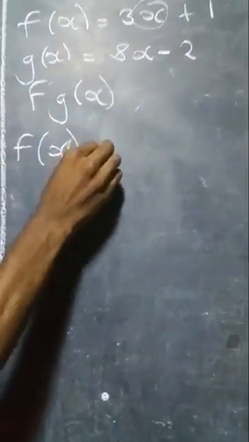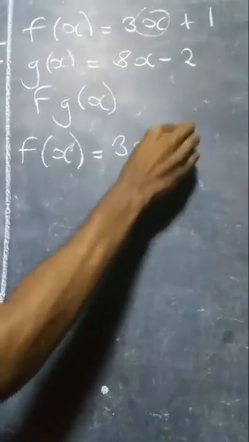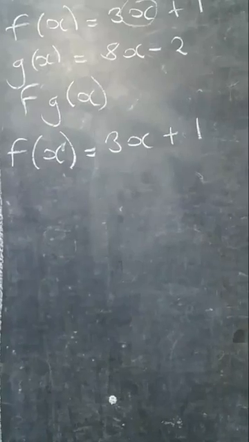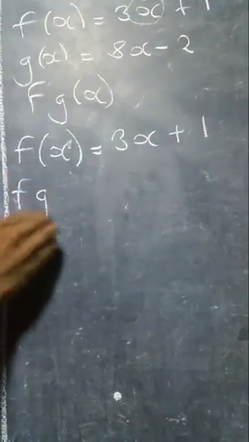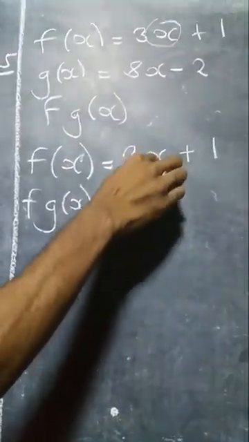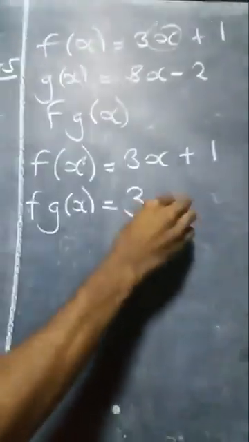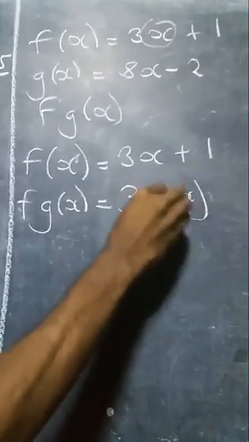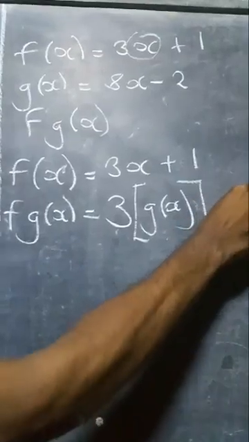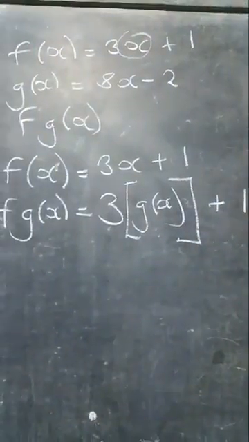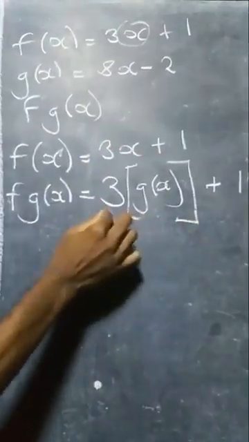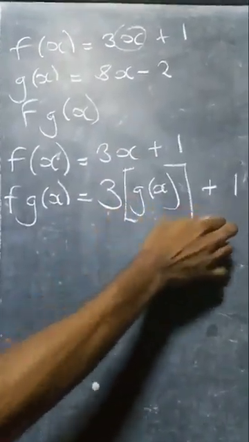F of x is equal to 3x plus 1. That's our normal function. Then for fg of x, what we have is 3 by g of x, plus 1. That's how you write it. G of x goes where there's x.